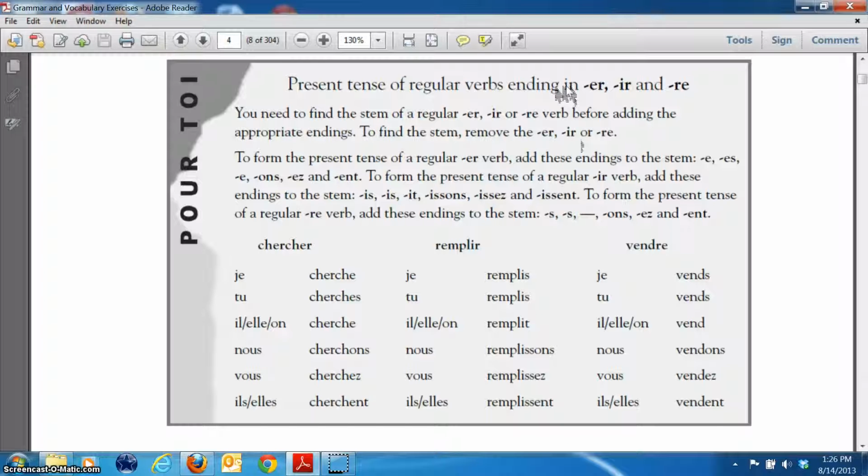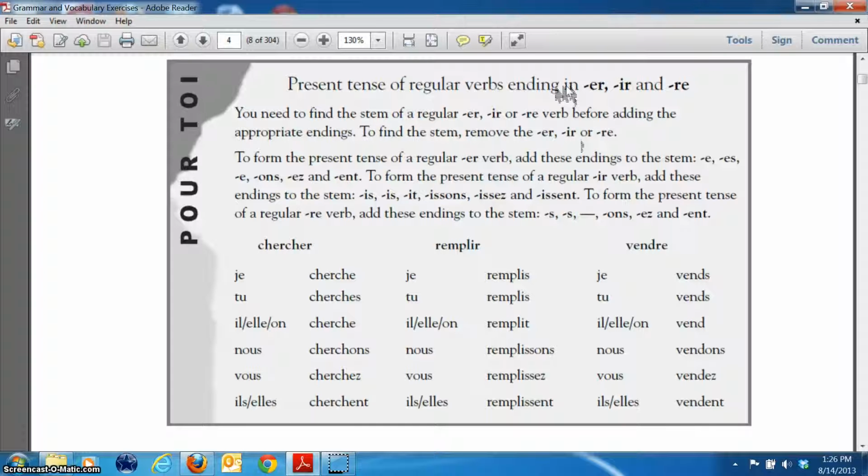So when you take off the RE, you put S at the end for je and tu, but then there's no ending at all for il, elle, and on singular. So vend, so no ending. And then the rest of the endings are the same as the ER: ONS, EZ, ENT. And when you pronounce them: je vends, tu vends, il vend, nous vendons, vous vendez, ils vendent.